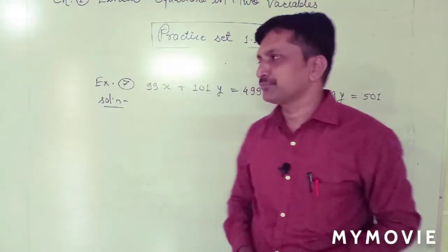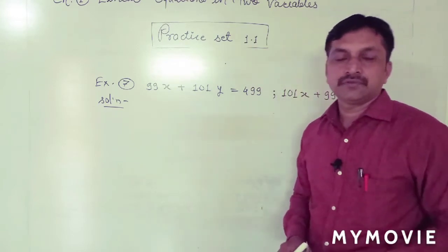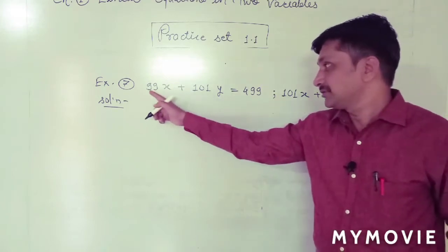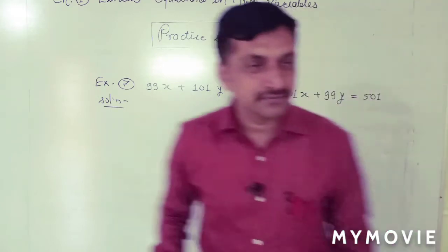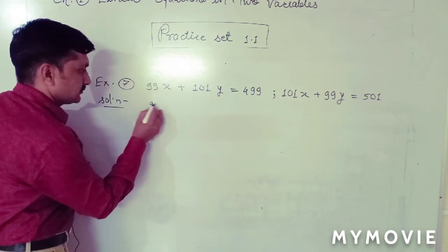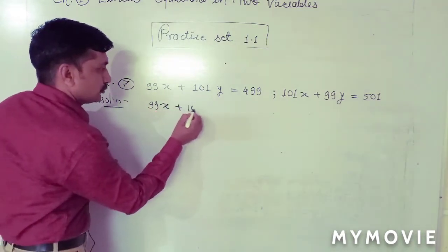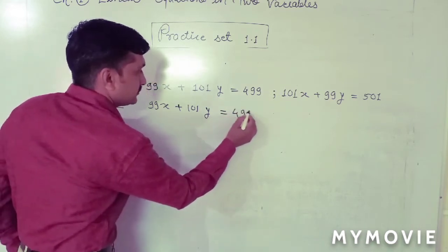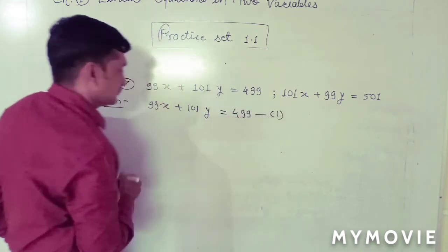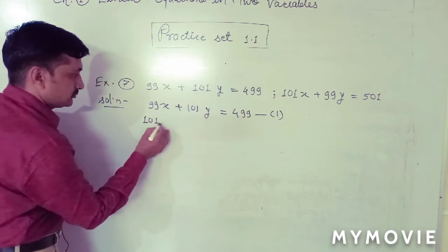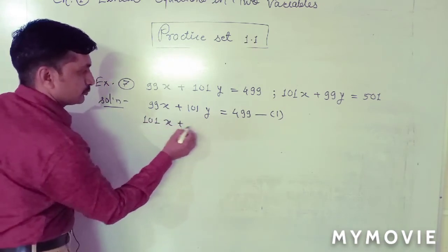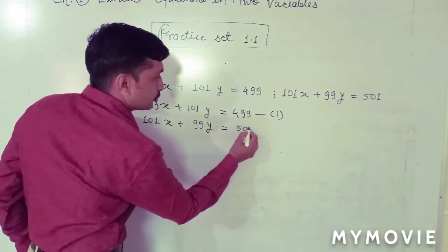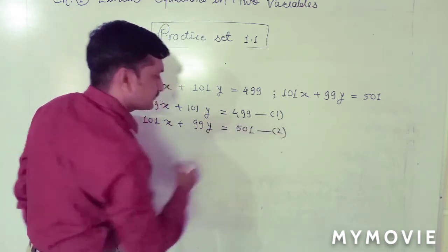Now dear friends, see example number 7. If you observe both the equations, 99x plus 101y is equal to 499, equation number 1. 101x plus 99y is equal to 501, equation number 2.